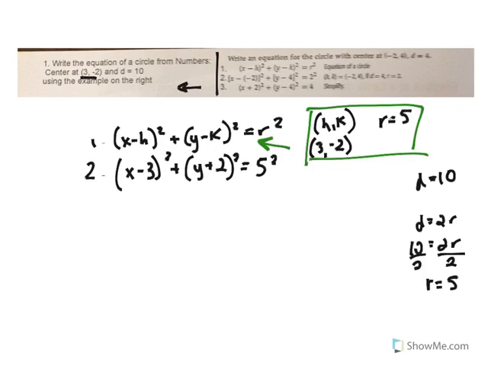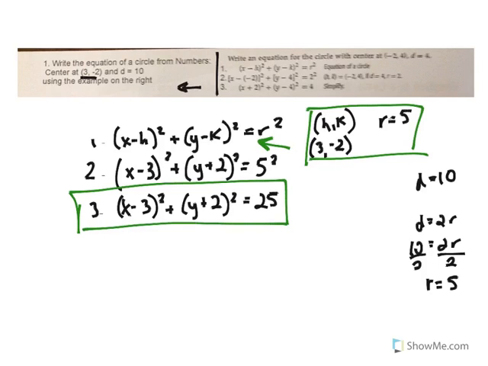And we will get x minus 3 squared plus y plus 2 squared equals 25, because we simplified. Okay? That is the answer to that one.